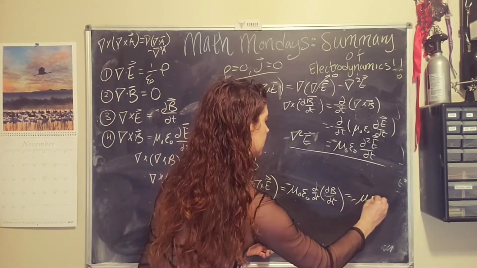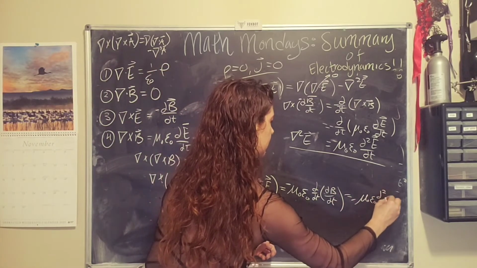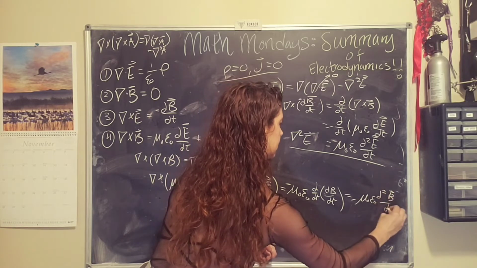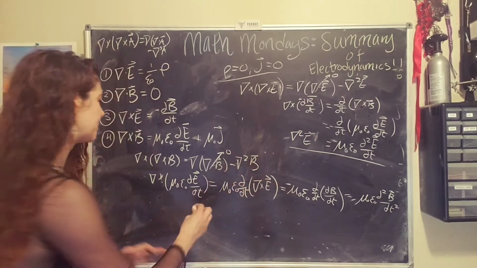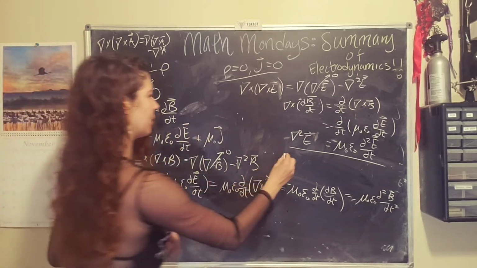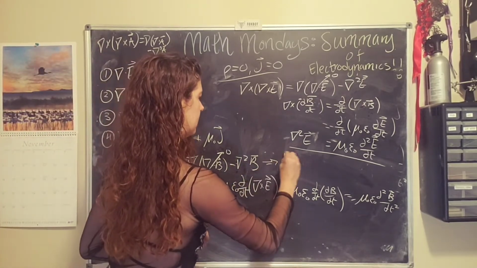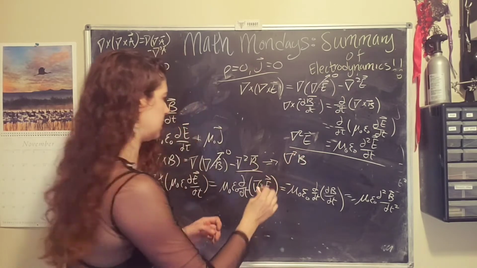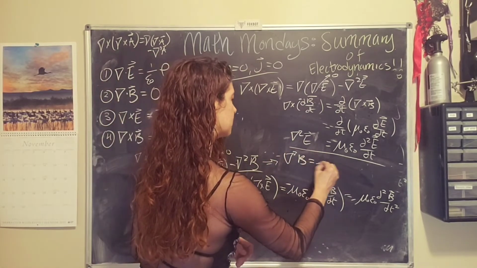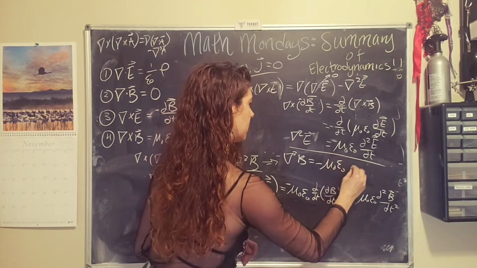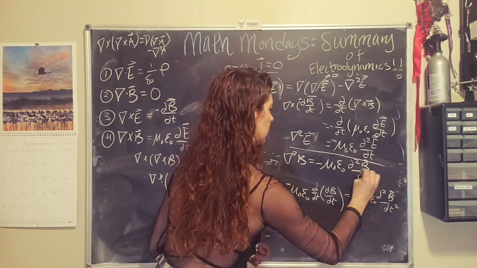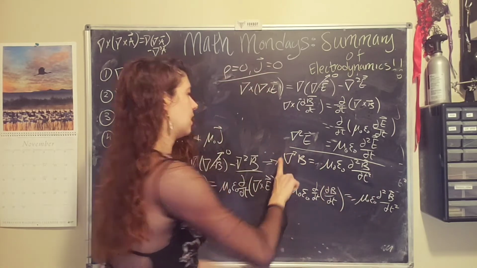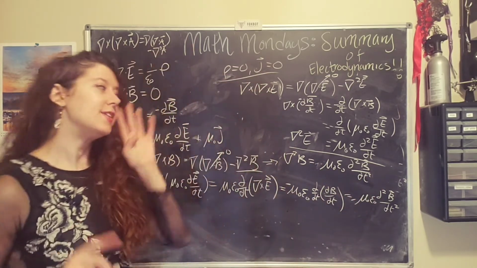Negative mu naught epsilon naught d squared B dt squared. Okay, and then we get these two pieces equal to each other. We're going to move all of that over here. Del squared B, there's a negative there, equals negative mu naught epsilon naught d squared B dt squared. Boom, and the negatives cancel again. Not too bad.